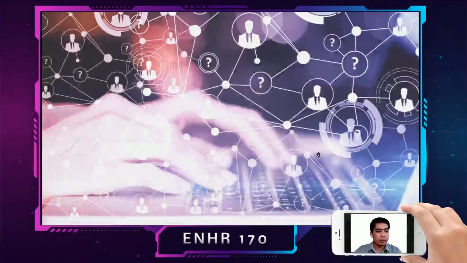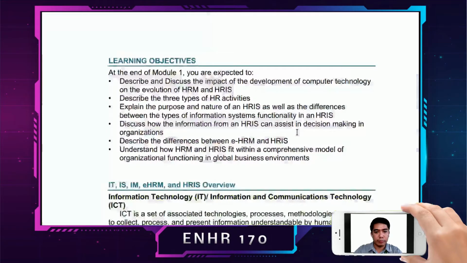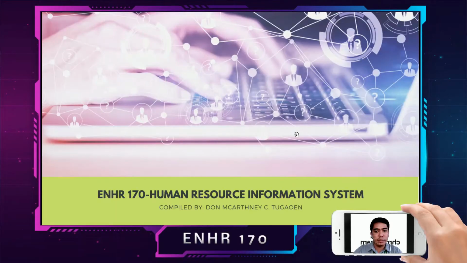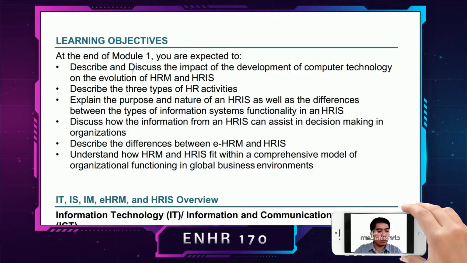Okay, so let me show you tayo sa first page. So we have here the objectives of this course. So nakalagay dito that we will be describing and discussing the different impact of the development of technology, especially the use of computers in the evolution of human resource management and human resource information system.